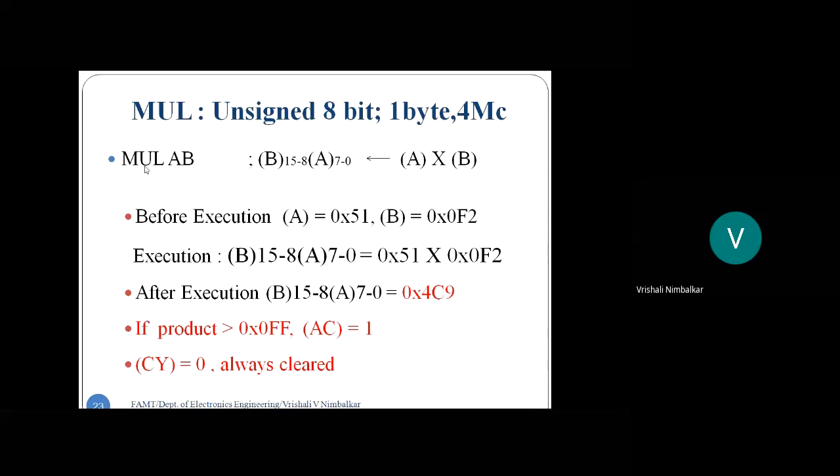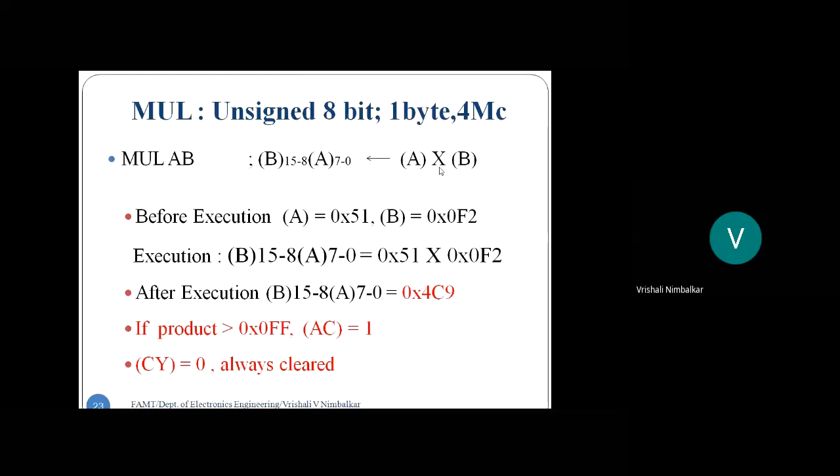Correct, students? So MUL AB, 8-bit data from A is multiplied with 8-bit data from B, and the answer can be 16-bit. Correct? I told you all, suppose one decimal digit is 6, the other decimal digit is 2. 6 into 2 is 12. Our answer is 2 digits.